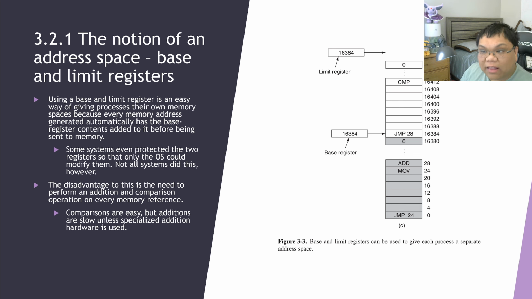There is a disadvantage, and that is the need to perform an addition and comparison operation on every memory reference. So if a program wants to jump to address 28, we need to convert that to the proper address first, and then we have to check whether that was a valid address. We need to do these two steps every time we want to access anything in memory.